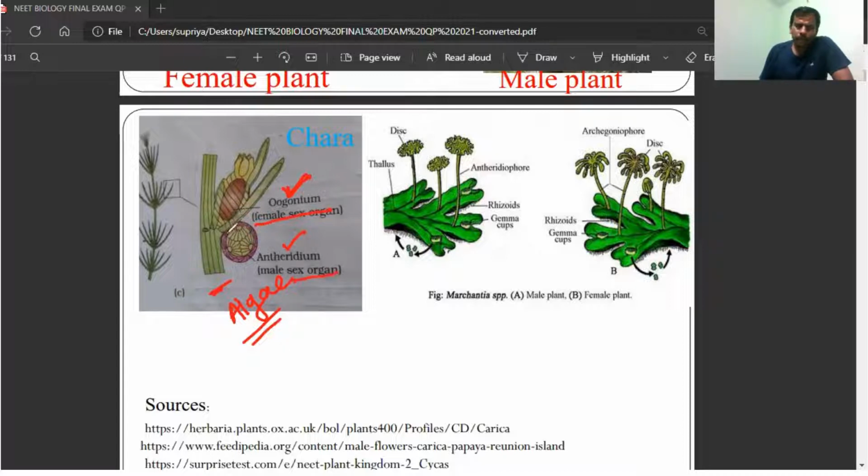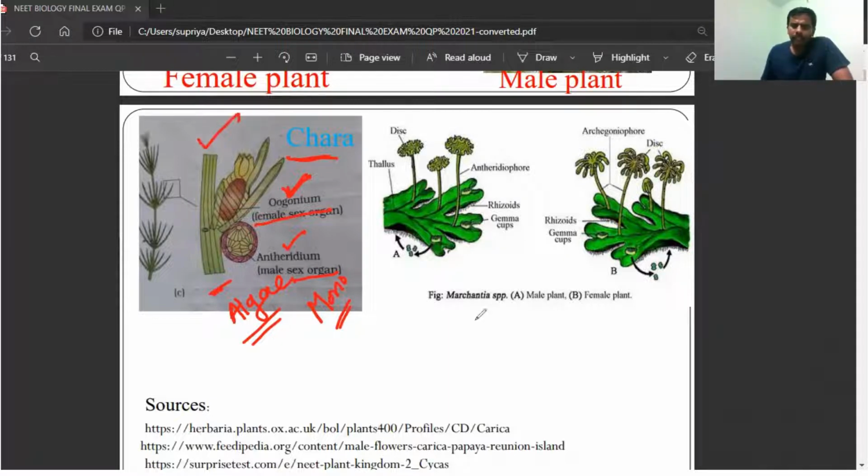In this Chara, both male and female sex organs are present on the same plant. So this plant is monoecious.